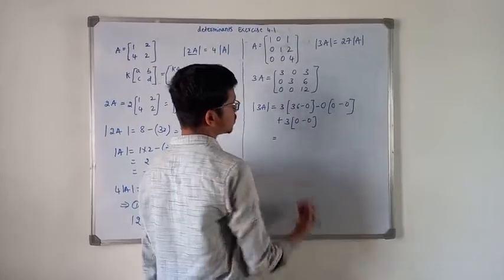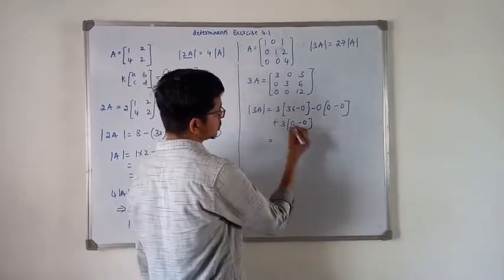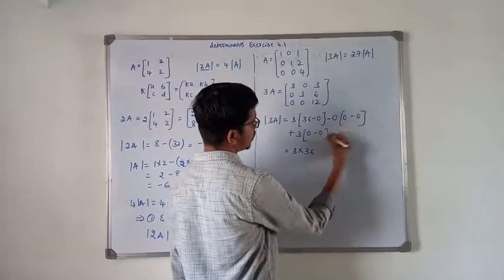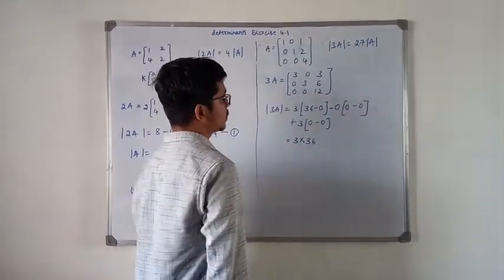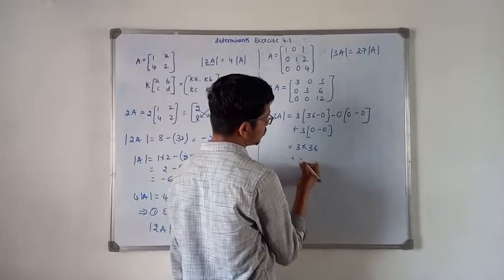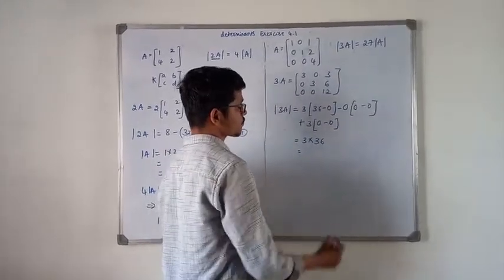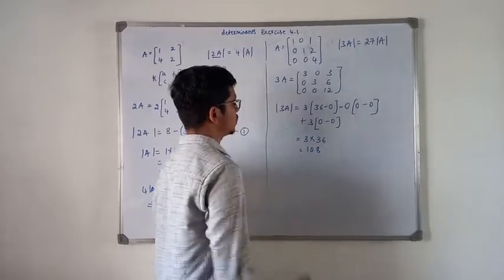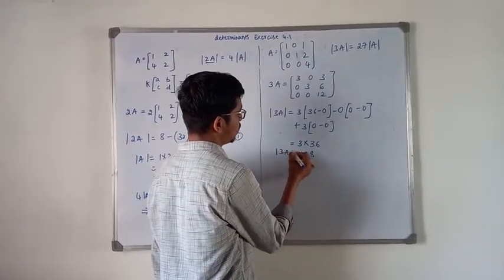This is equal to how much? 3 into 36, and remaining all terms become 0. 36 3s are 108. That is the 3A value.